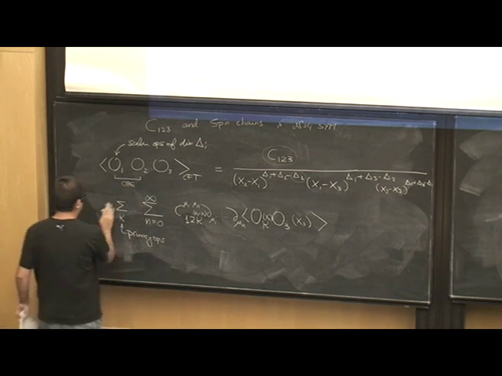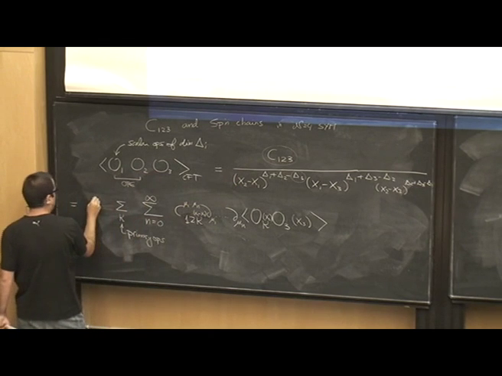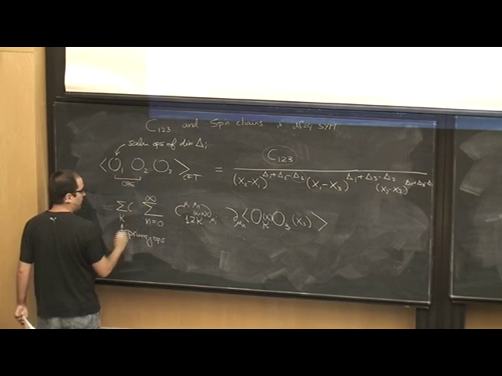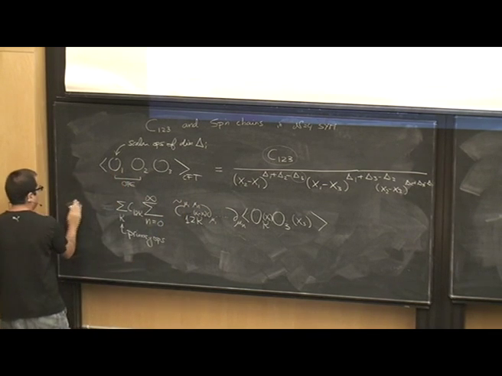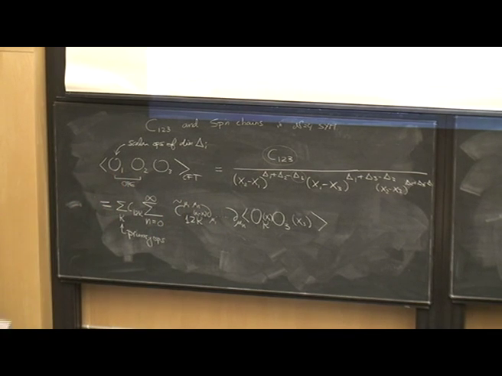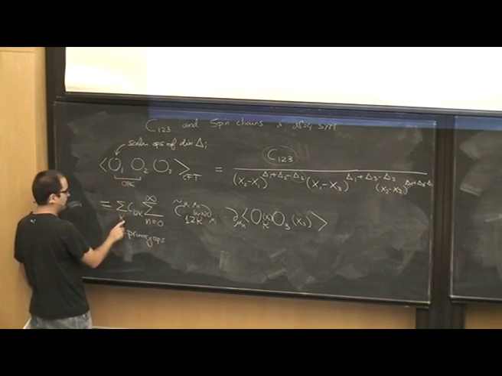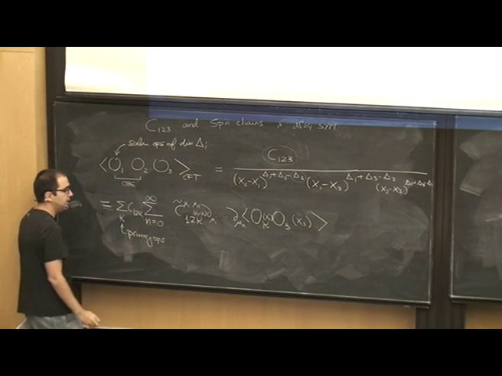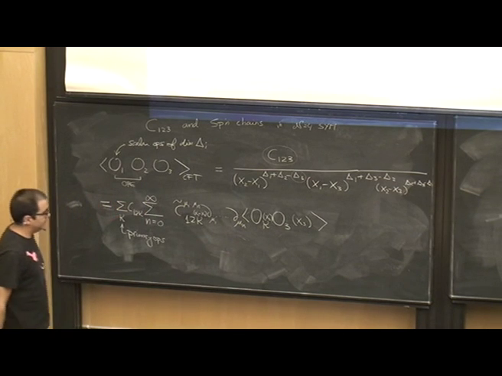I can write this by factoring out C_12k and putting a tilde here, letting this be the ratio between the contribution of the primary and the descendant. All I did was replace these two points by a sum over primaries and their descendants, and this is what we get.